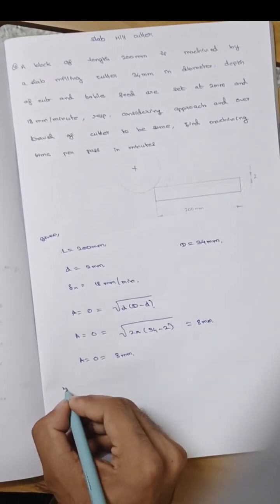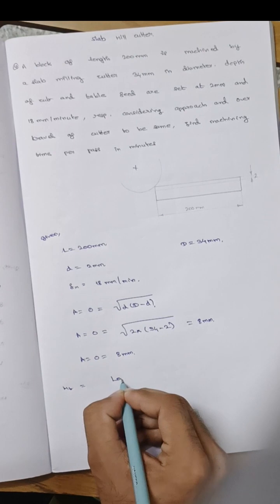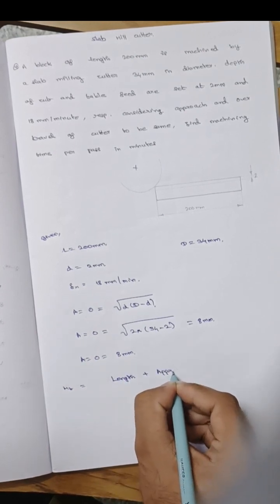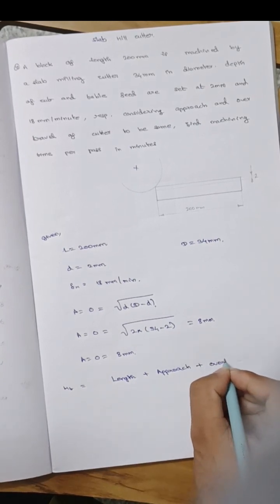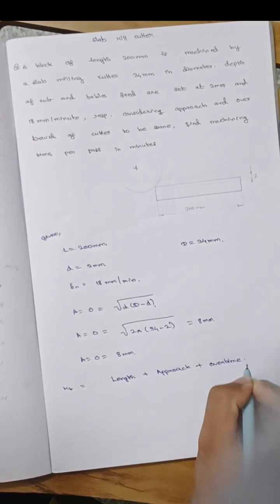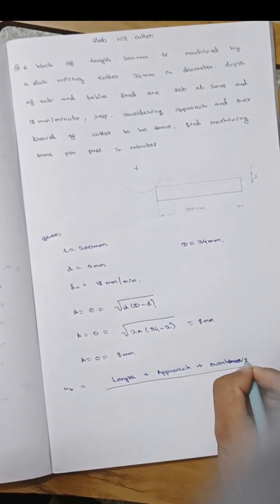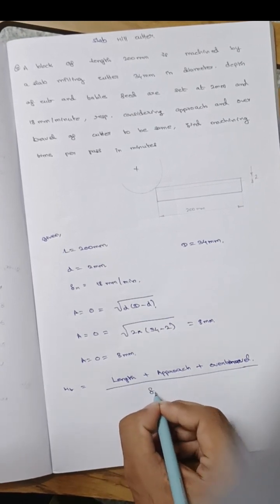And the machining time per pass, we know the formula, is length plus approach plus over travel, divided by feed rate.